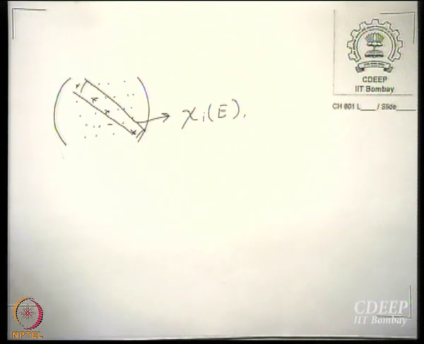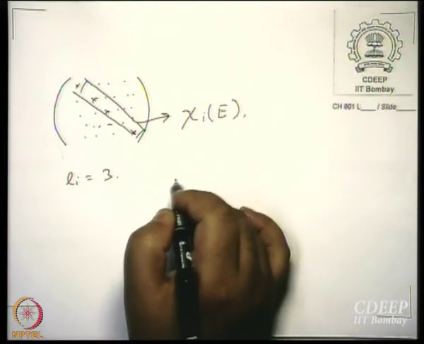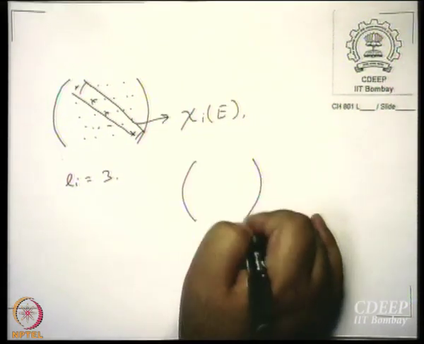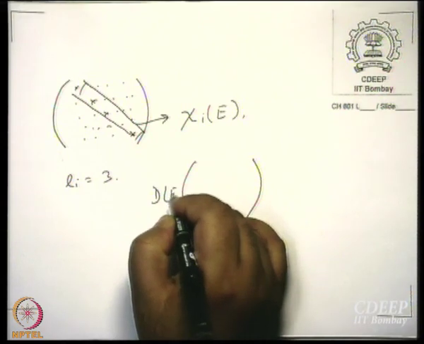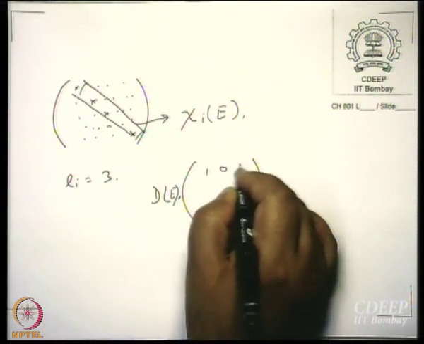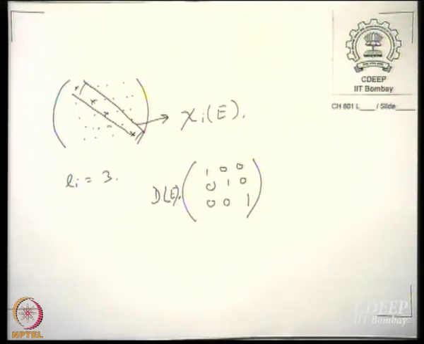Li is a dimensionality, let us say Li equal to 3. Then what is the matrix corresponding to E? 1 0 0, 0 1 0, 0 0 1. What is chi of this matrix? 1 plus 1 plus 1, 3, right?